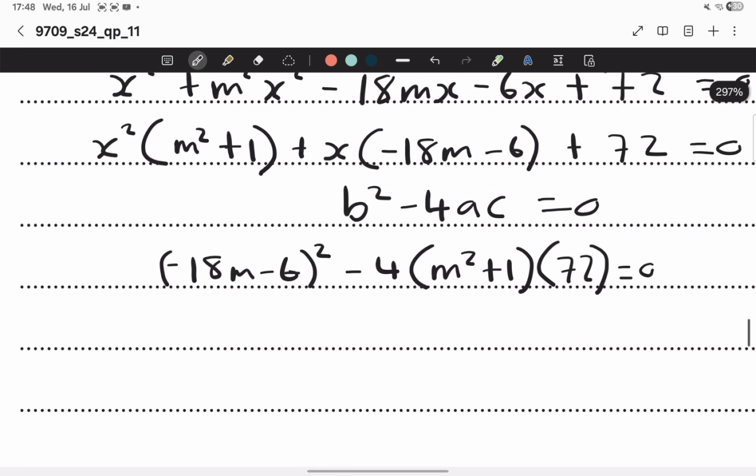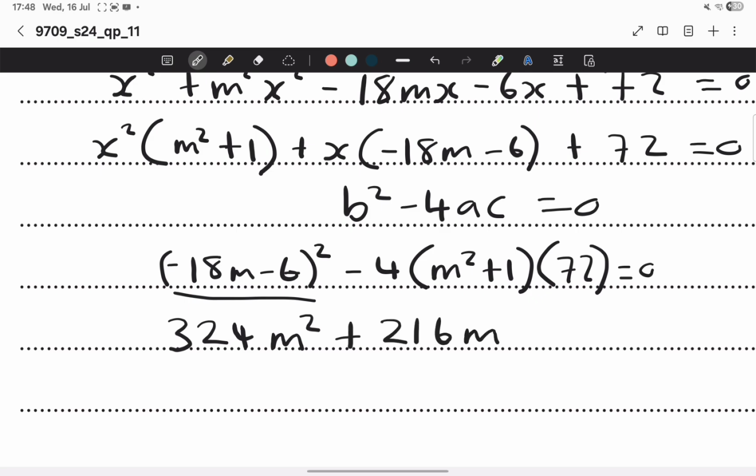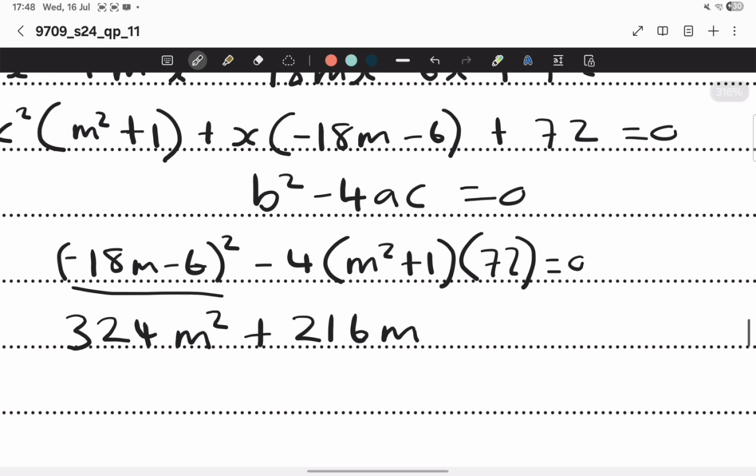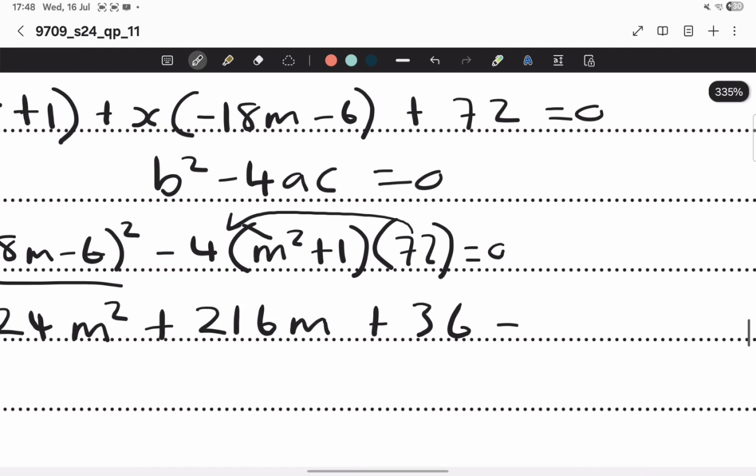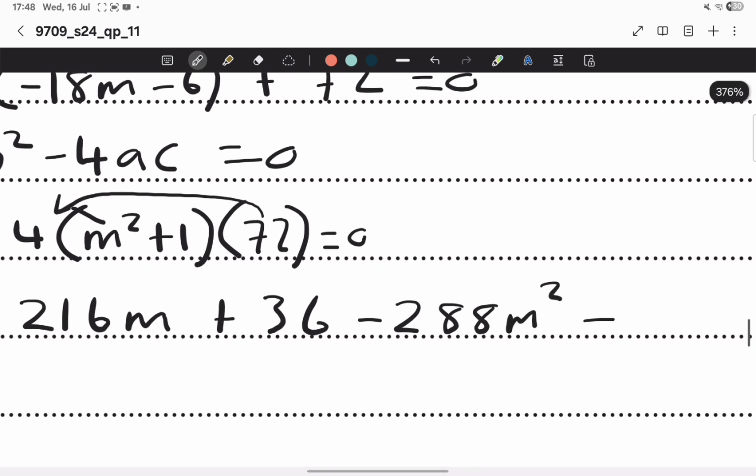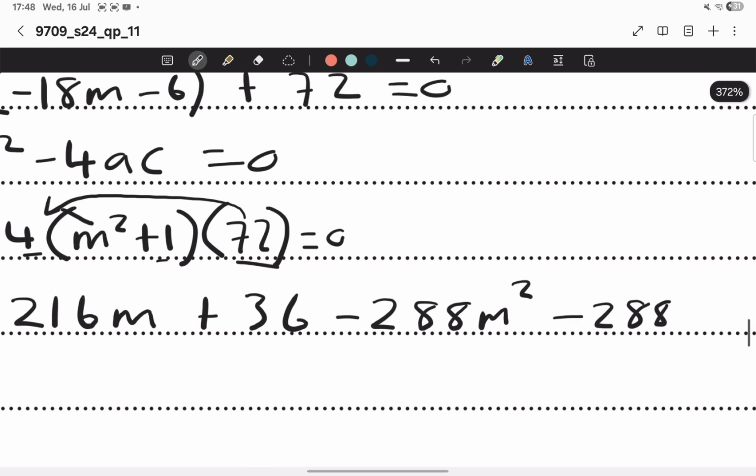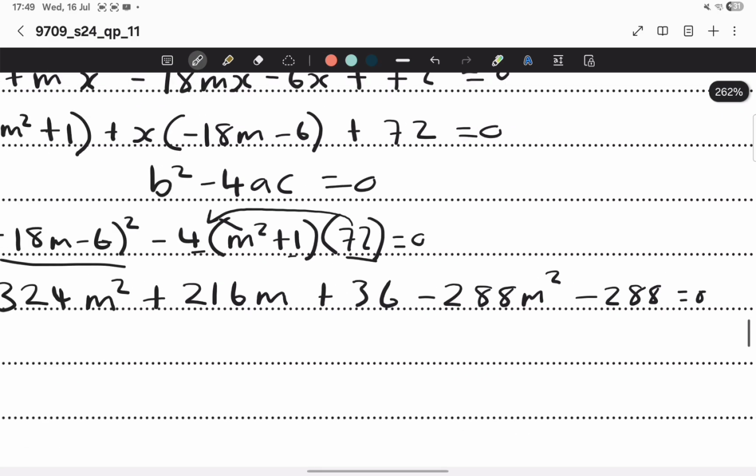Expanding this, we get 324m² + 216m + 36, minus 4 times 72, multiplying everything inside the bracket. That will give us −288m² − 288. When we say 72 times 4 times 1, we get minus 288, and all this equals 0.